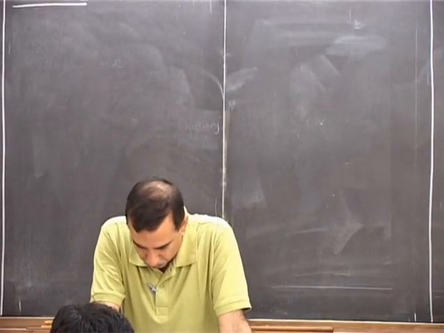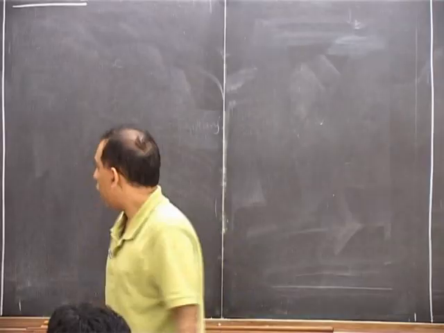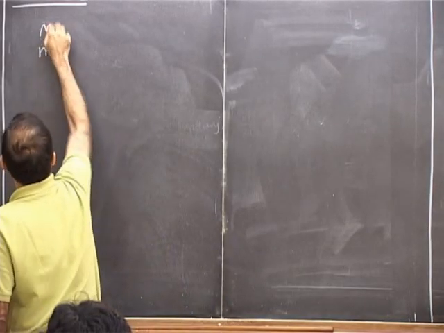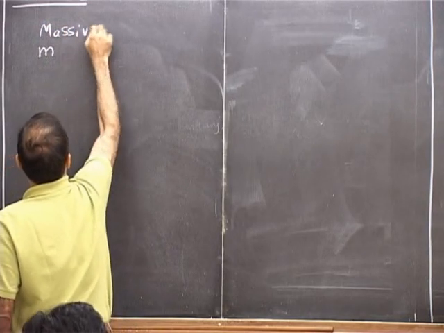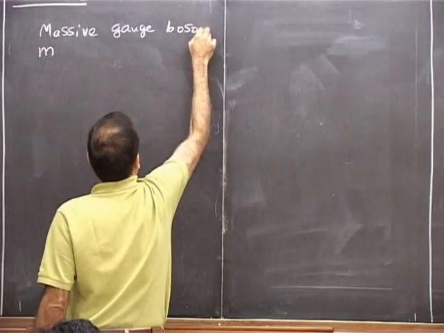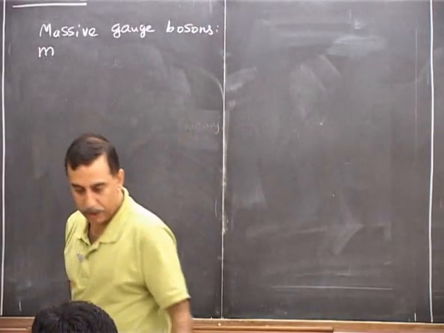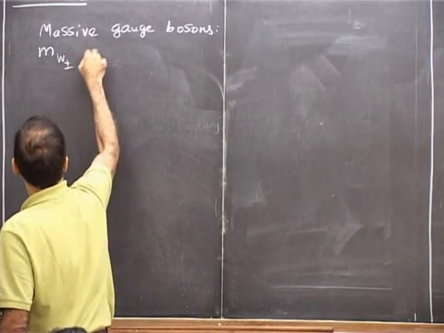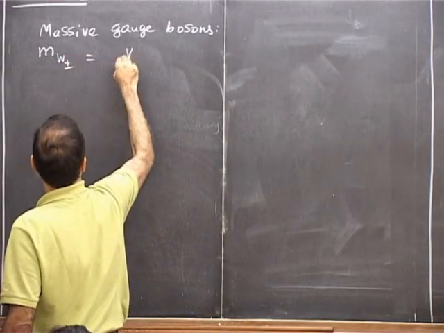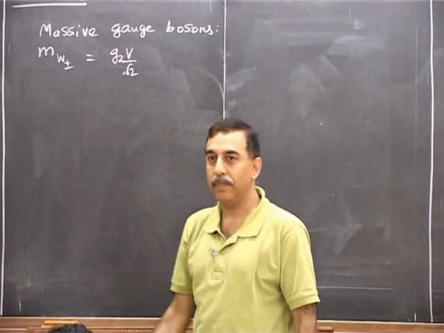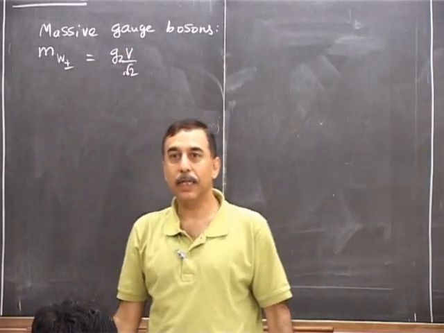Good. So where did we reach last time? We reached basically the following, that we had massive gauge bosons after the Higgs mechanism. And they had masses, M_W plus and minus, which are v over root 2 times the coupling constant g2 of SU2.